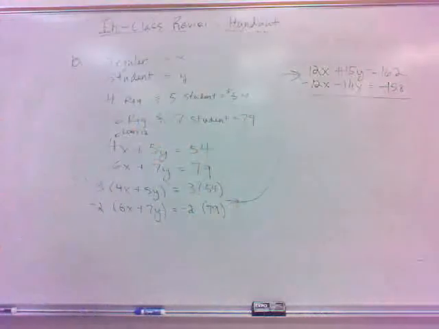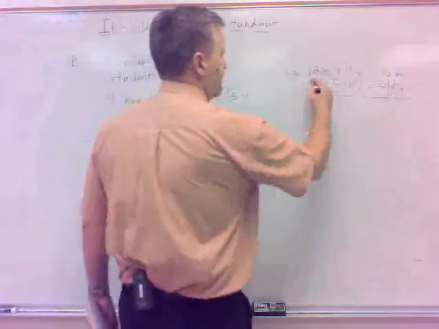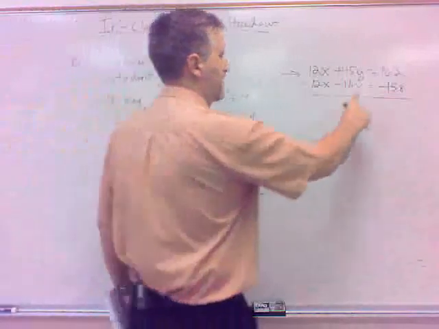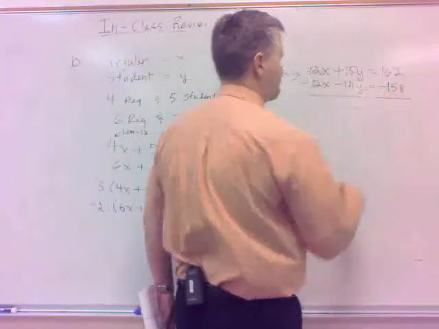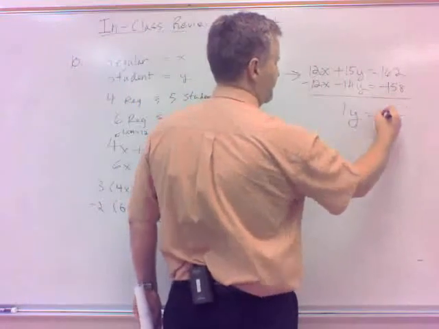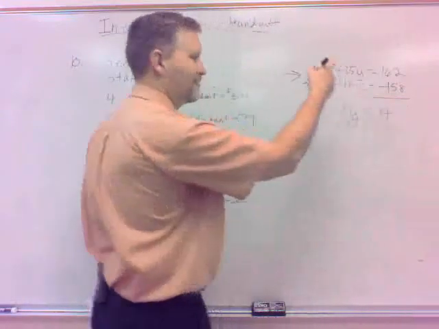Hey, look at that. That's going to work out really nicely. Those eliminate. What's 15y minus 14y? It's 1y, isn't it? Equals 4. So there's my y.